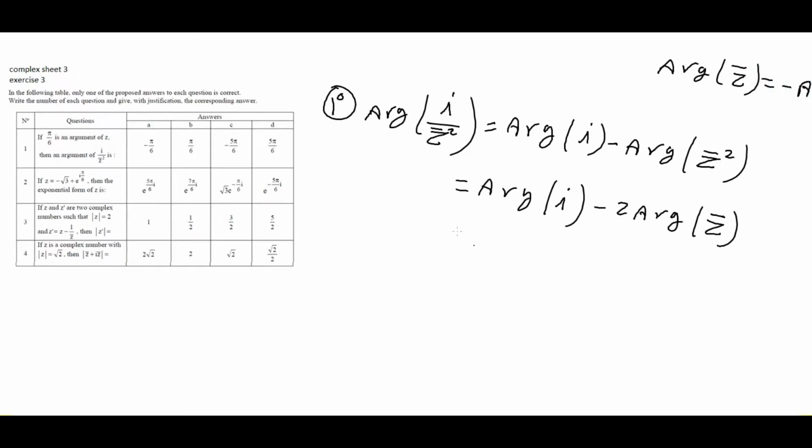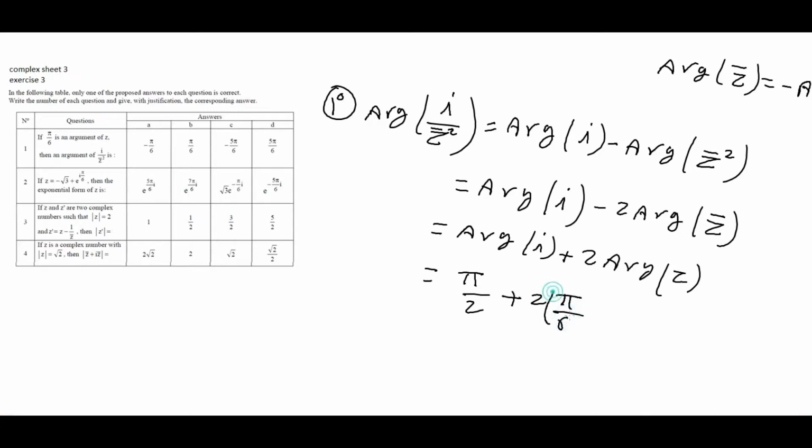So we may write it is equal to the argument of i plus 2 times the argument of z, which is pi over 2 plus 2 times pi over 6. That's why it is equal to pi over 2 plus pi over 3, which is 5 pi over 6 modulo 2 pi. So the first answer is D, and we choose D.